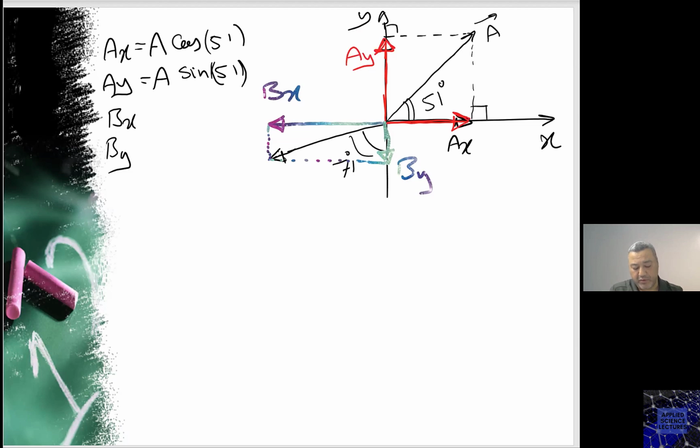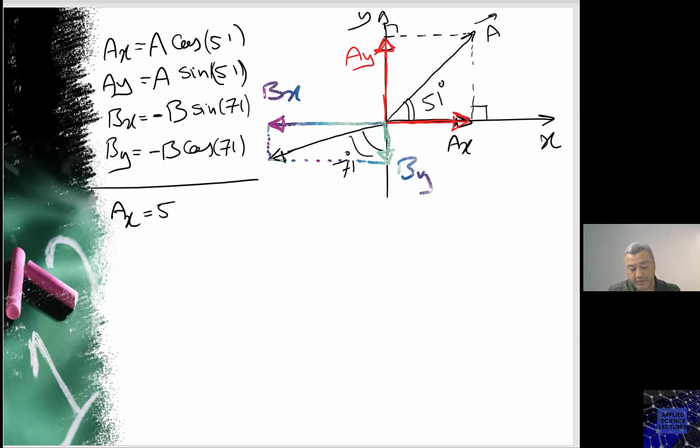You won't make a mistake. What about BX? BX is negative, so I don't need to forget the negative. Then this is B sine 71. BY is negative B cosine 71. So yes, go ahead.